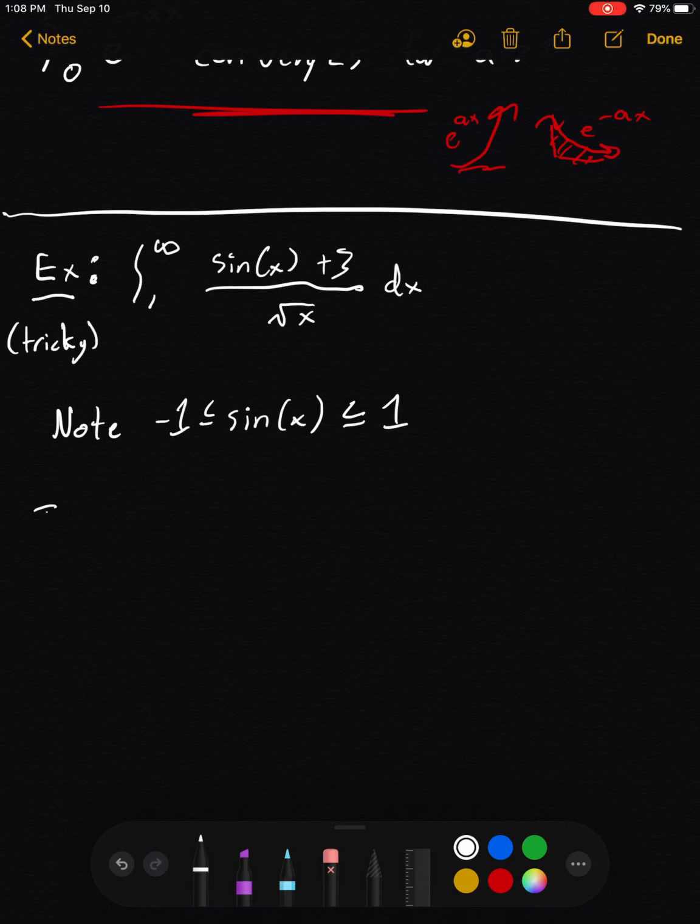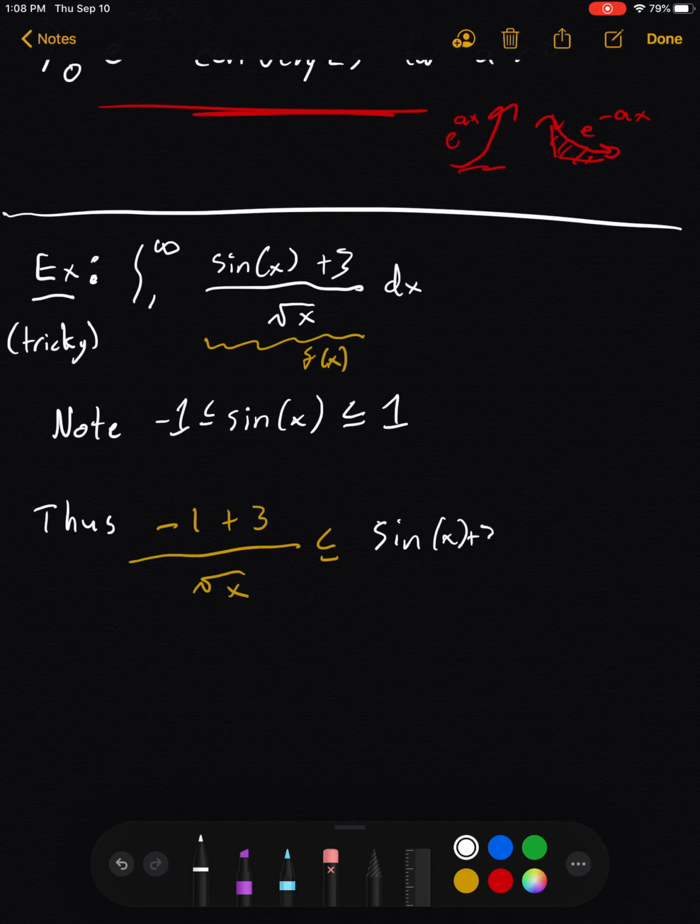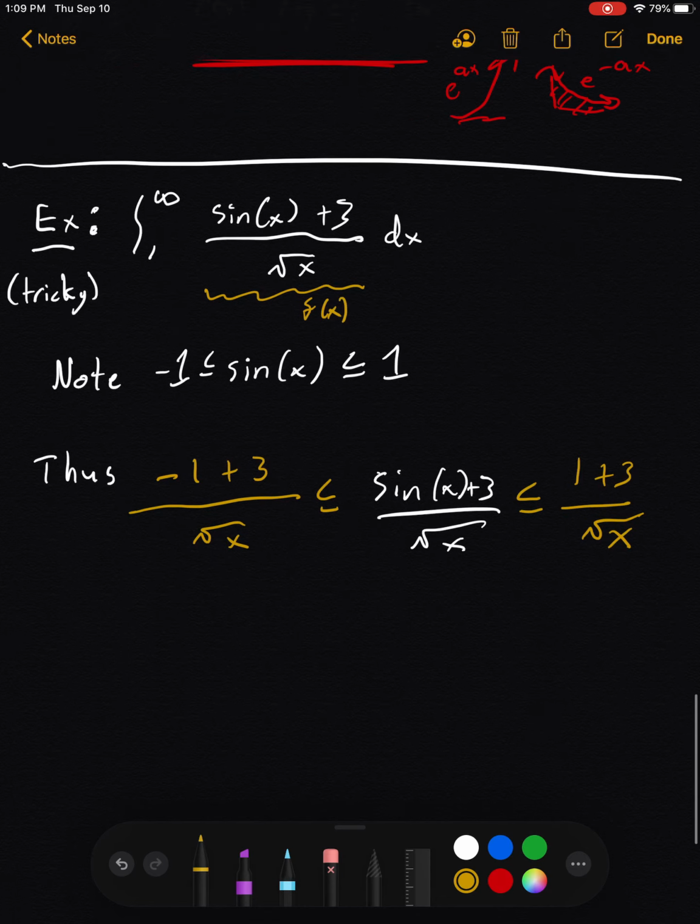And because of that, we know that this function here, this is my f of x, has to be between negative 1 plus 3 over the square root of x, which is a lower bound for f of x, which is sine of x plus 3 over the square root of x, and that has to be bounded above by 1 plus 3 over the square root of x.